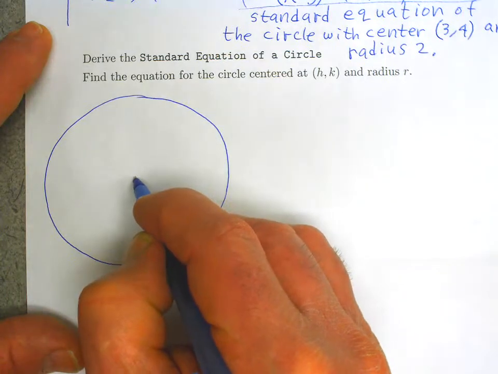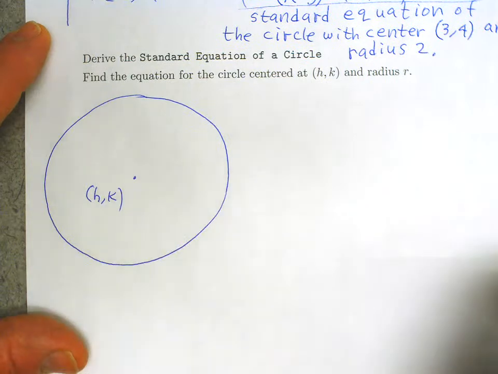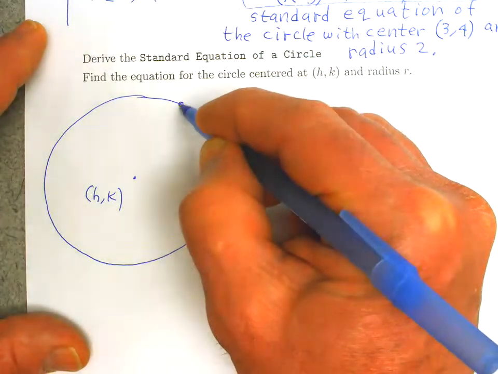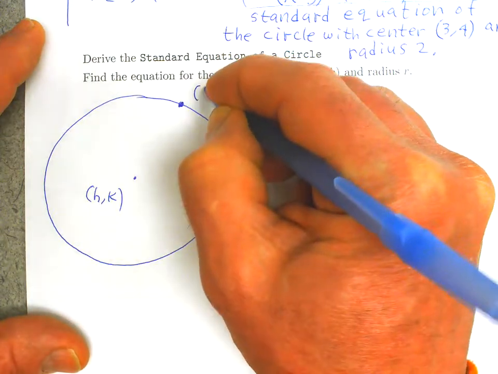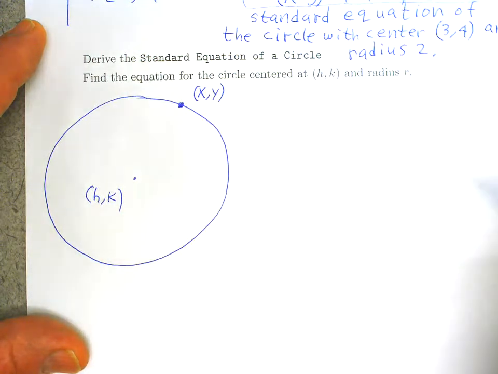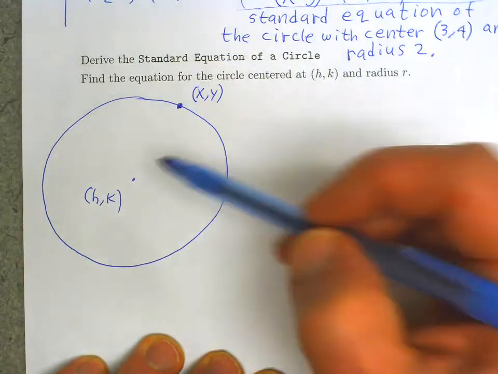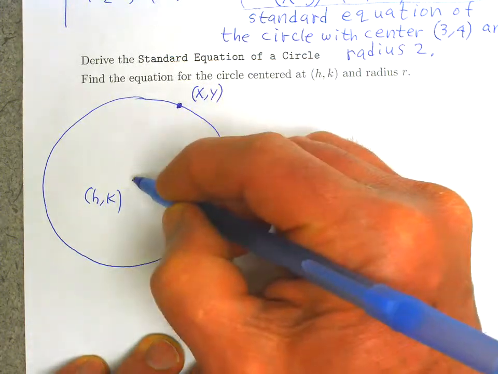The center is the ordered pair h, k. And I'll pick any point on the circle, and since a point on the circle can vary, we use variables x, comma, y to represent any point on the circle. And the radius is r, so the distance from the center to any point on the circle is r units.